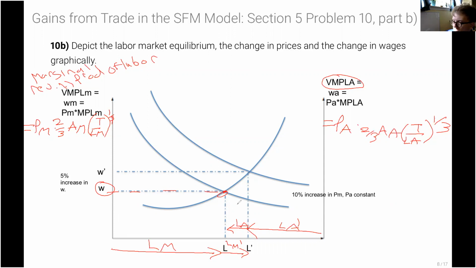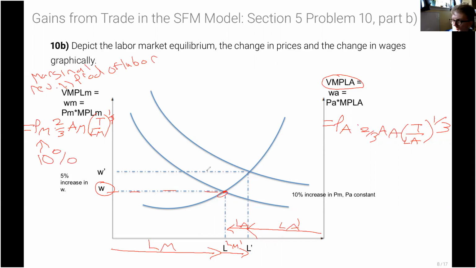When we open up to trade, the increasing price in manufactured goods causes the value of the marginal product of labor in manufacturing to go up. Why is that? That's because PM increases. Recall that we said that PM increases by 10%.